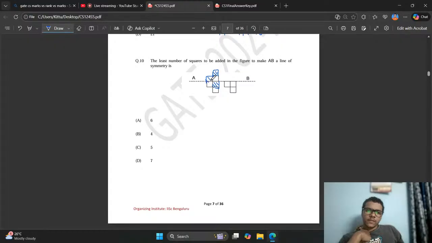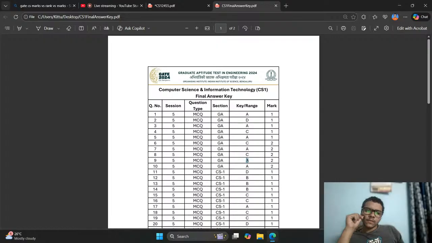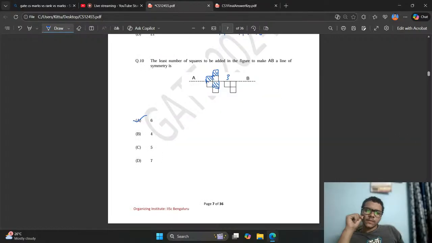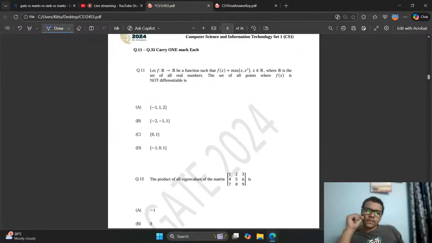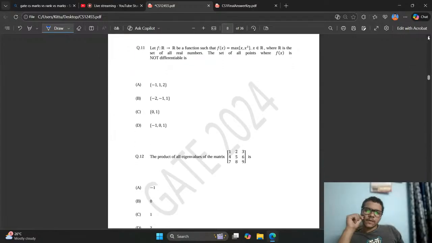You need to add three squares here to make this one symmetric. And three more squares. So it is 6. Is there any possible way to make this? Because this is necessary. This is necessary. This is necessary. 6. 10 is A. Yep, 10 is A. We kind of cracked aptitude.